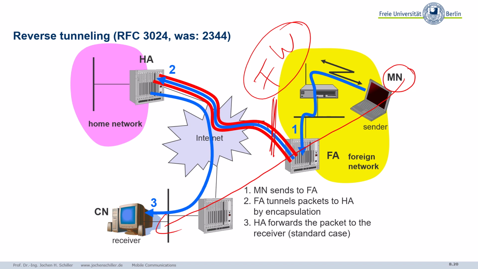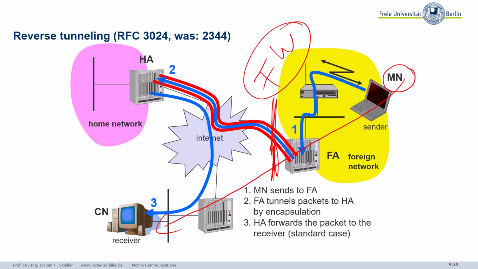And if a firewall detects that there's an outgoing packet with a topologically incorrect address, and that's exactly what you do here. You as a mobile node send your data with a topologically incorrect address. The firewall will drop the packet. Because that means someone is sending with the incorrect address from your network. We will not allow this. So quite often routers and firewalls only accept topologically correct addresses.